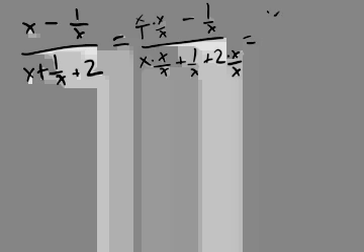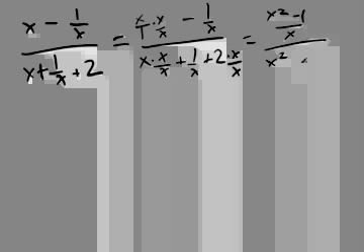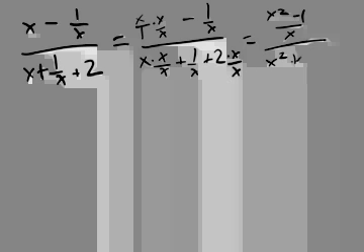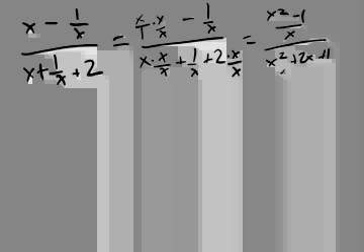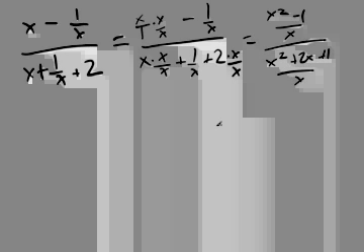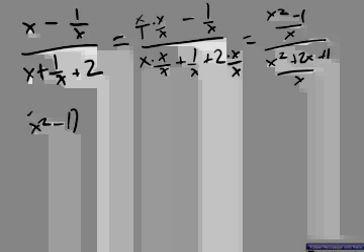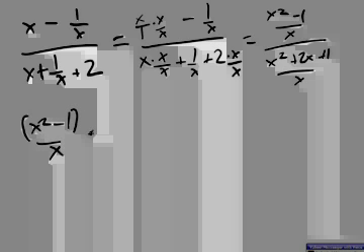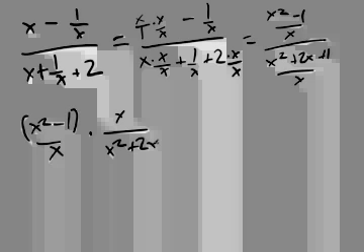And we will have x squared minus 1 over x divided by x squared, plus 2x, plus 1 over x, which is equal to x squared minus 1 over x times x over x squared plus 2x plus 1.